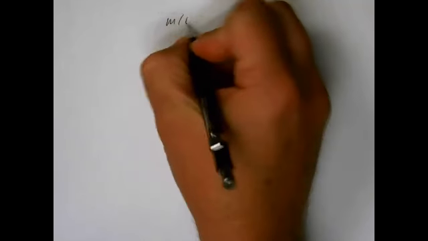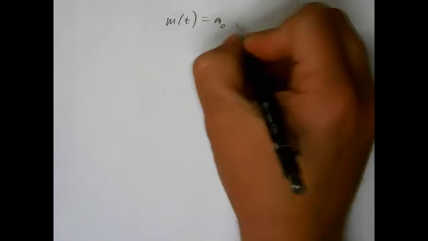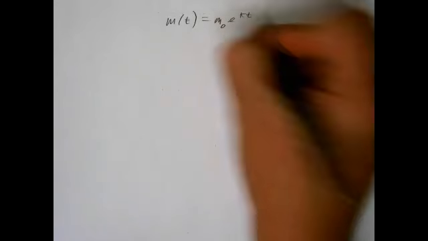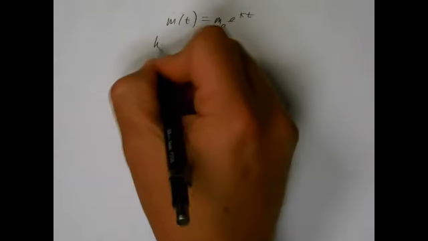And again, when you're talking about the radioactive decay of a substance, they're talking about mass. So instead of a y or a P, they'll use an M. So we'll know that mass at any time t is equal to the initial mass times e to the kt.